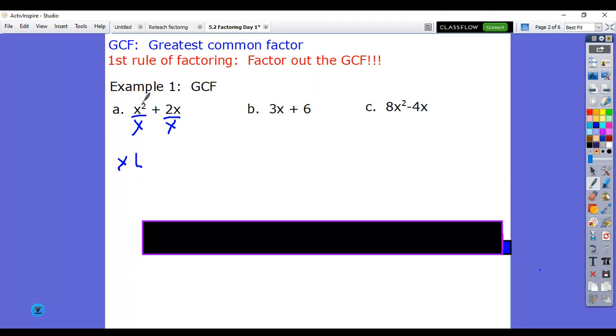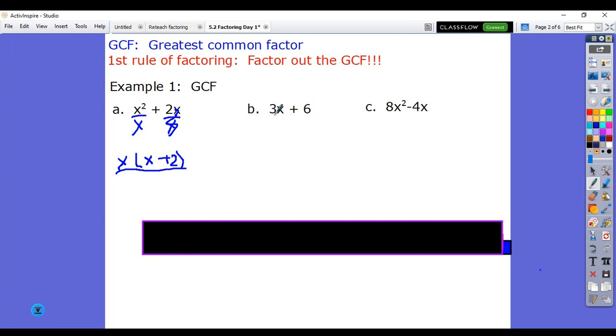X squared divided by x is x. 2x divided by x, the x's cancel. We're left with 2. That's the factored form when there's a GCF. You put the GCF out front and put what's left over in the parentheses.